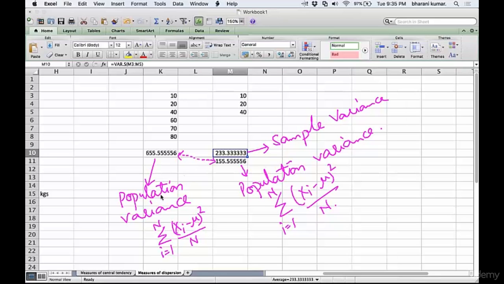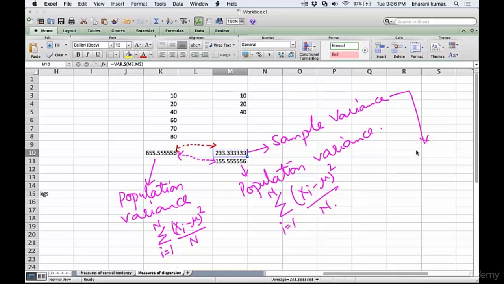For population variance and for sample variance, if I use the same formula, there's a huge difference. However, when it comes to the sample variance, the difference between these two has slightly reduced as opposed to the difference between these two, right?